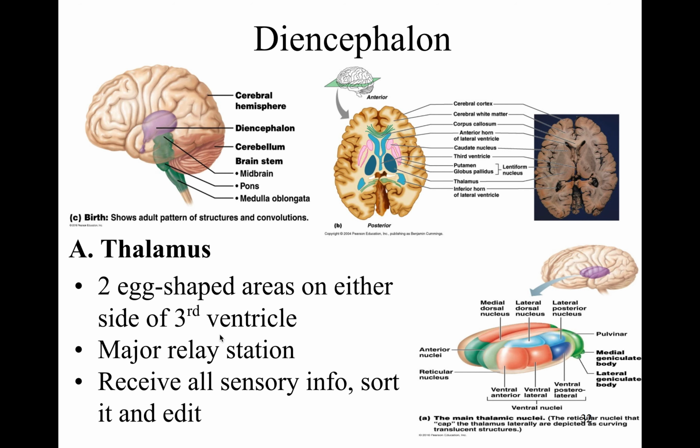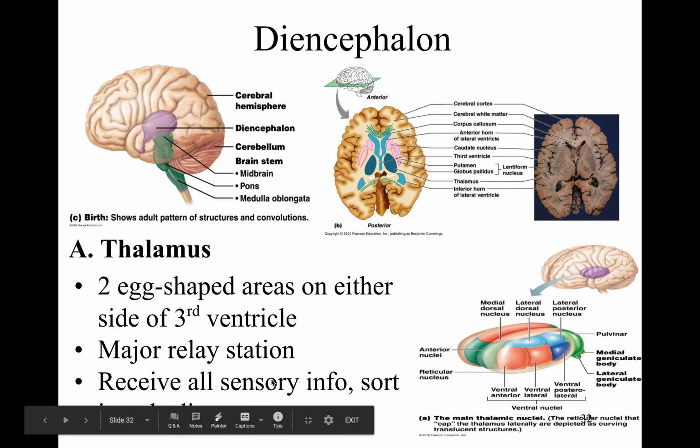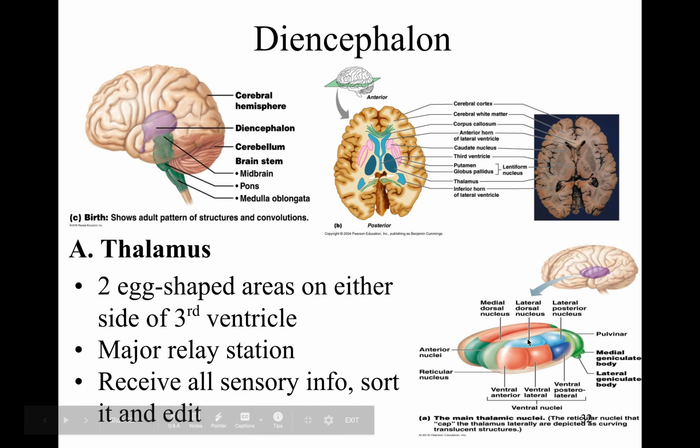So afferent impulses from all parts of the body, so sensory information from all parts of the body, is going to be sent up to the brain or to the central nervous system. And all of that sensory information is going to synapse with nuclei of the thalamus. So the sensory neurons are going to synapse with the nuclei or the neuron cell bodies in the thalamus.